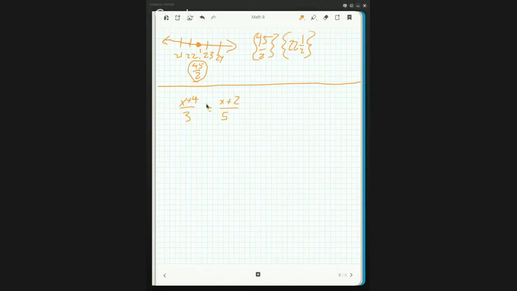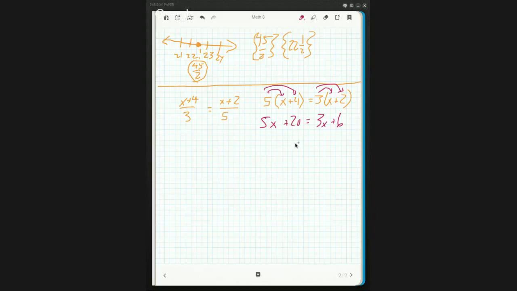Now, this is a cross multiplication problem. Right? So we're going to cross multiply to solve. So we say 5 times x plus 4 equals 3 times x plus 2. Now let's do this with our arrows to really help us out here, not screw this up. 5x plus 20 equals 3x plus 6.